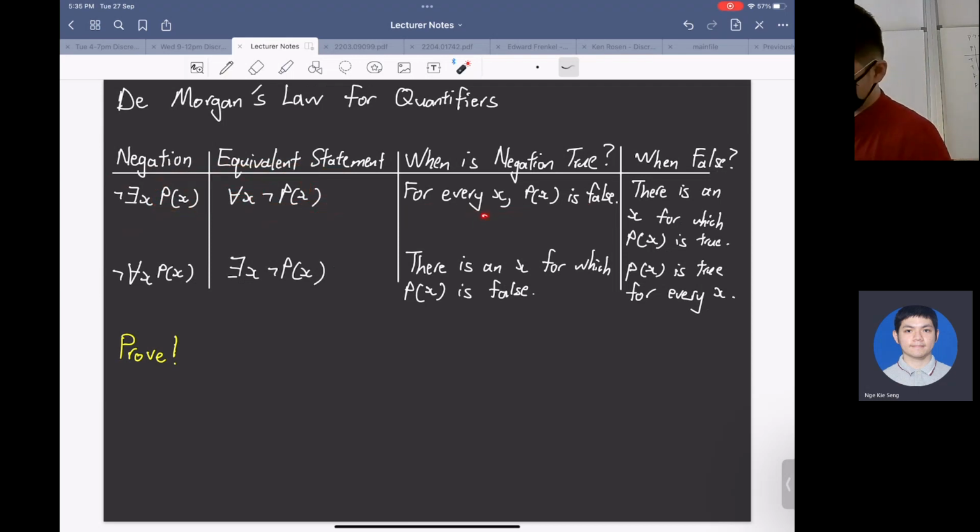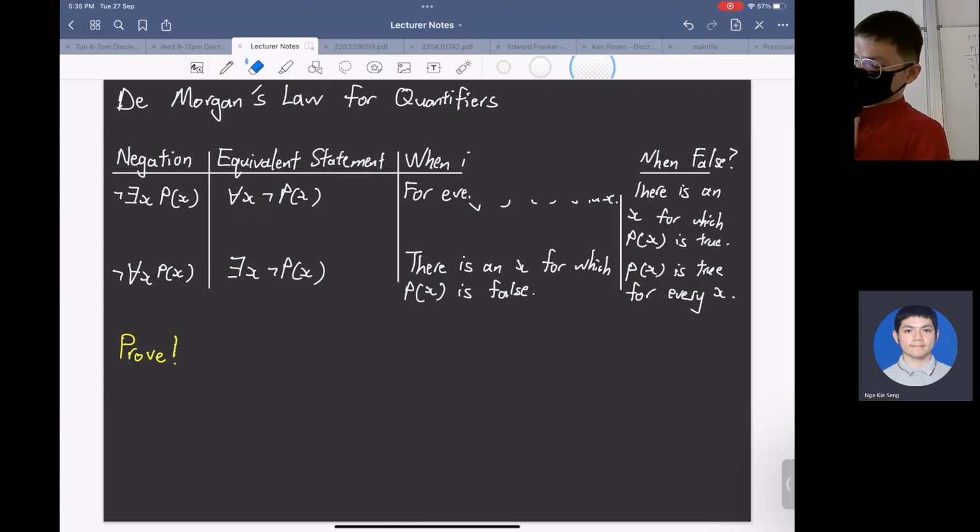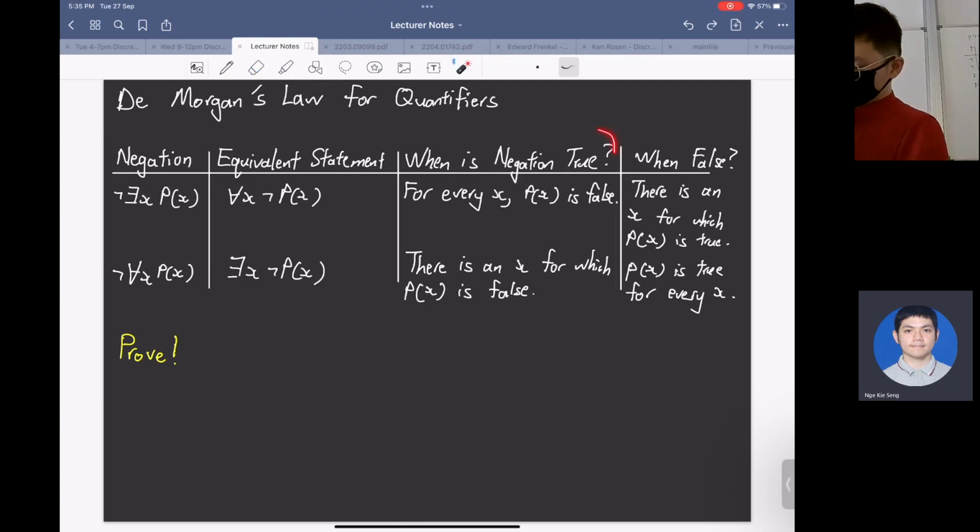So for every x, P(x) is false. When is the negation true? For every x, P(x) is false. When is it false? When there's an x for which P(x) is true. Makes sense or not?